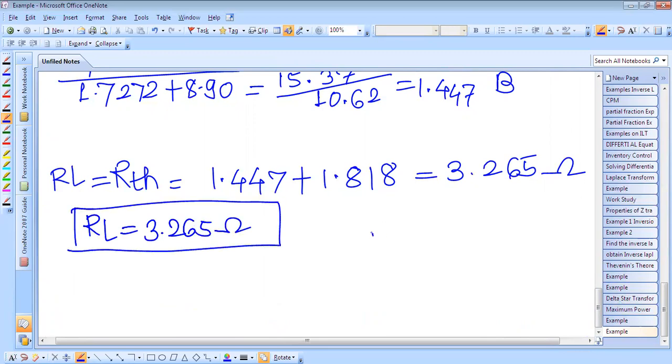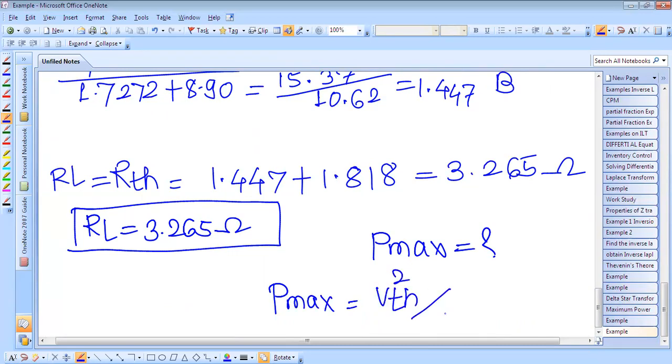Now we have to find Pmax, that is the maximum power. So maximum power can be found if you know the VTH. Pmax is VTH square divided by 4 into RL. So you know the RL. Now we are required to find VTH.